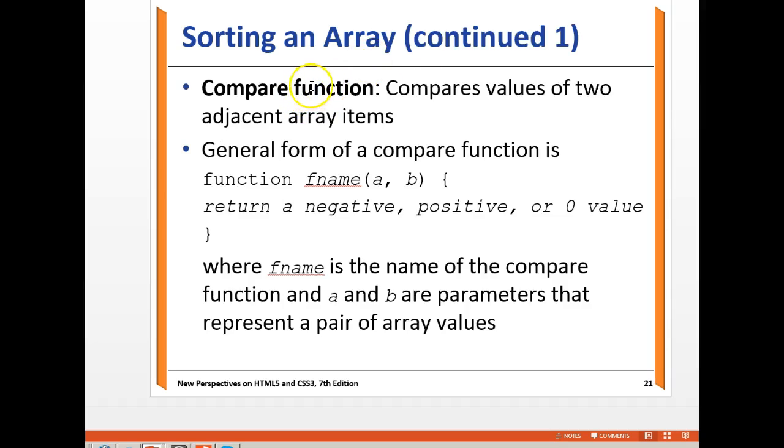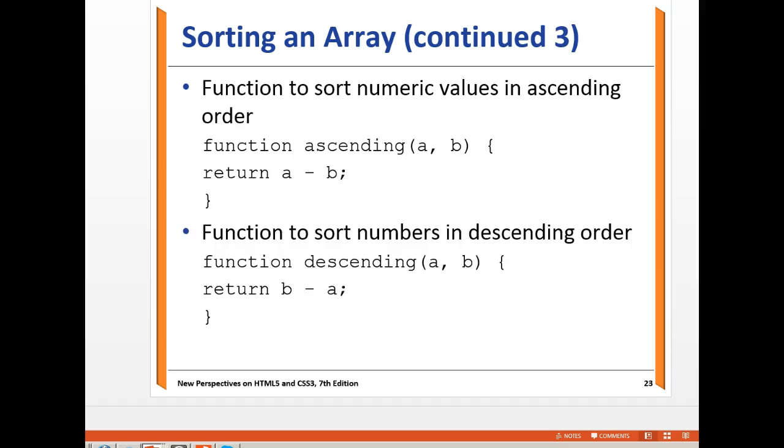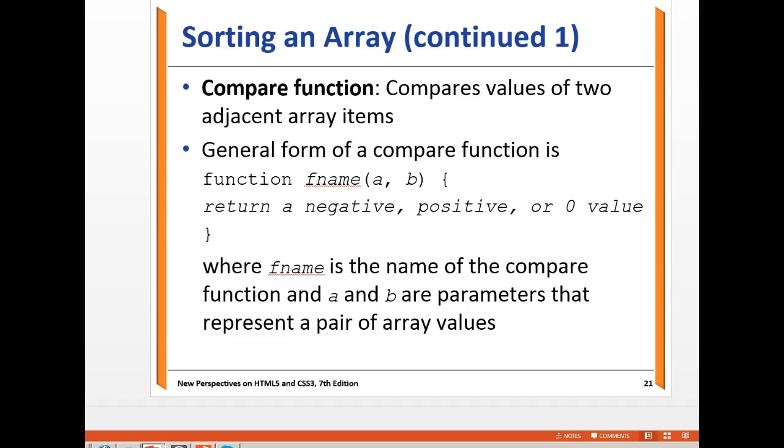So compare functions compare the values of 2 adjacent array items. The general form of a compare function is function fname(a, b) returning a negative, positive, or 0, where fname is the name of the compare function and a and b are parameters that represent a pair of array values.